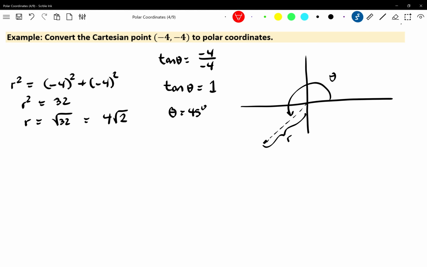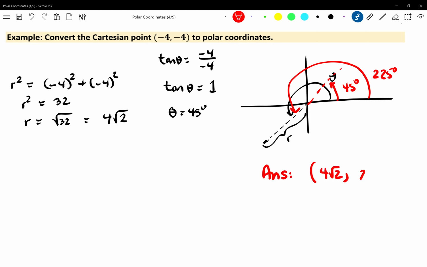But the thing to keep in mind is that this reference angle right here is 45, which means what is the actual angle? It's 180 plus 45, which is 225. So the answer is 4 root 2 comma 225 degrees, if you want to leave it in degrees. And using radians, that would be 5 pi over 4.